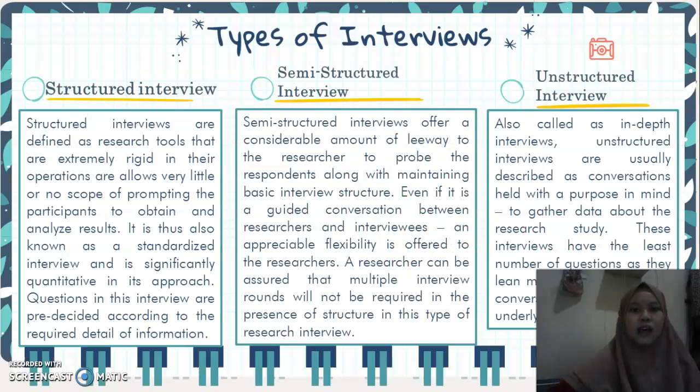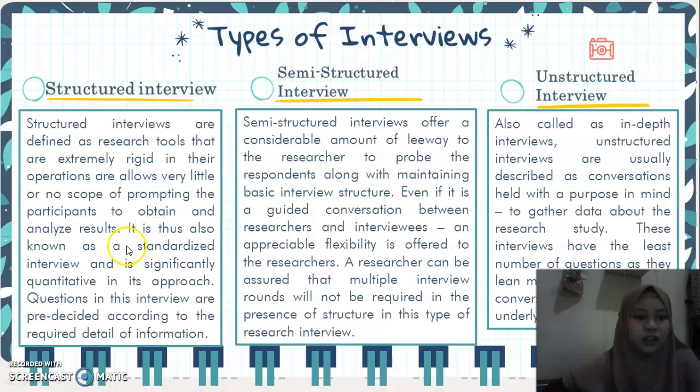Next, those are types of interview. First is structured interview, second semi-structured interview, and third unstructured interview. Structured interviews are defined as research tools that are extremely rigid in their operations and allow very little or no scope of prompting the participants to obtain and analyze results.